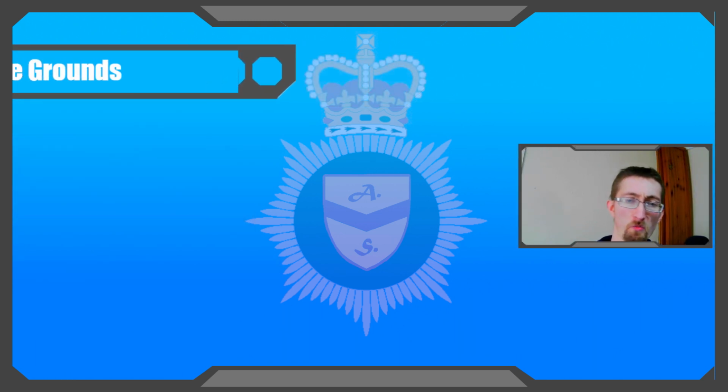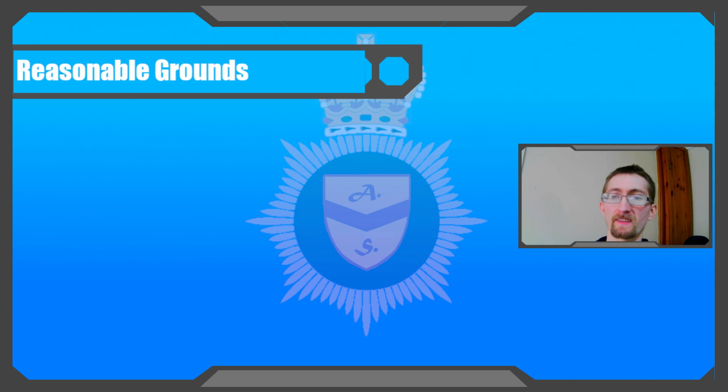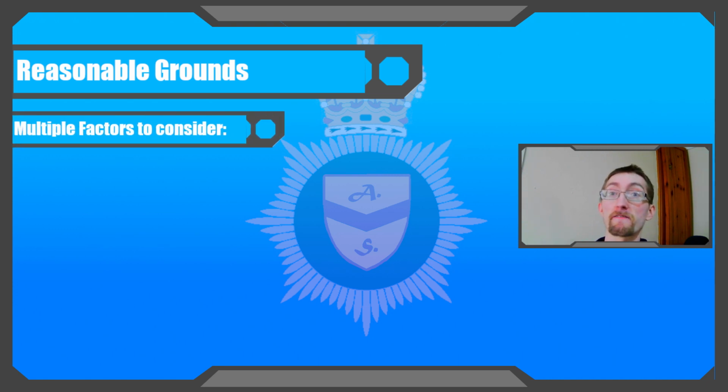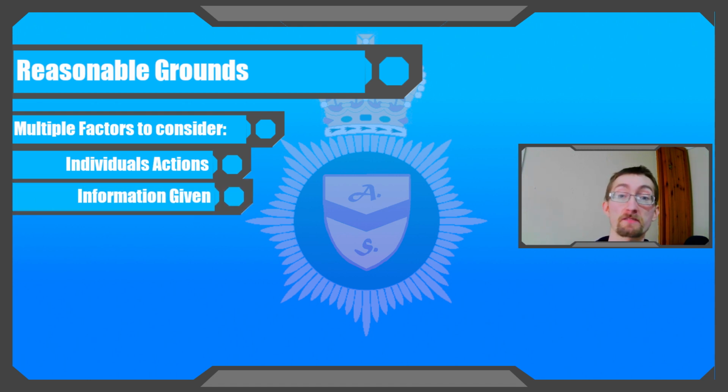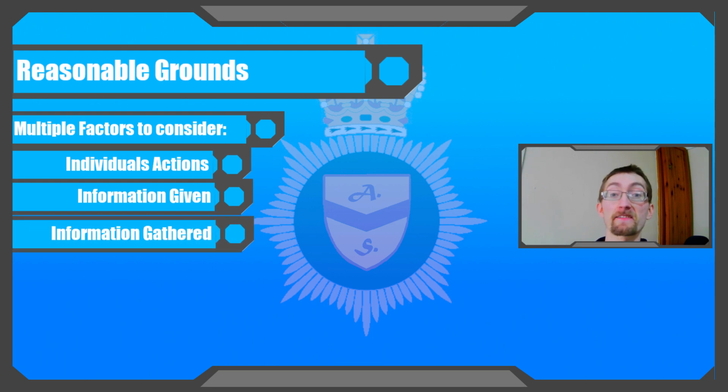But Avion, what are reasonable grounds? Well, it's a very tricky one to discuss, because reasonable grounds are very subjective and fall to the individual officer to make a judgment call about. However, when building these grounds, the officer will consider multiple factors such as the actions of the individual, information that has been given to them, such as by a member of the public or the control room, and information they have gathered, such as things they've witnessed, things they've heard, and things they've been told.